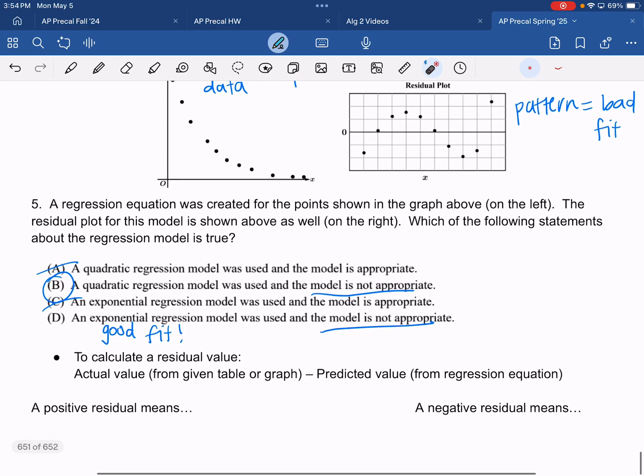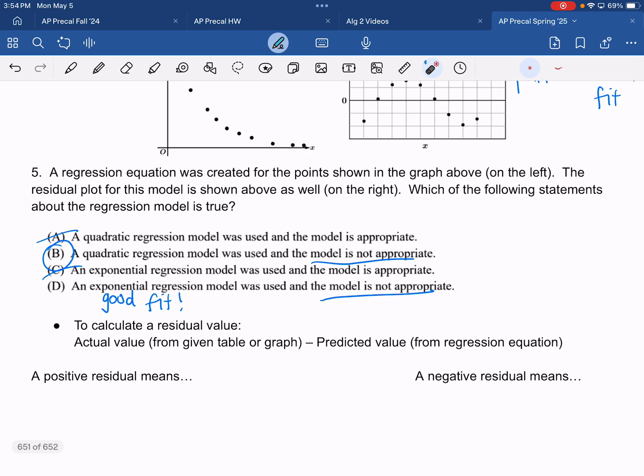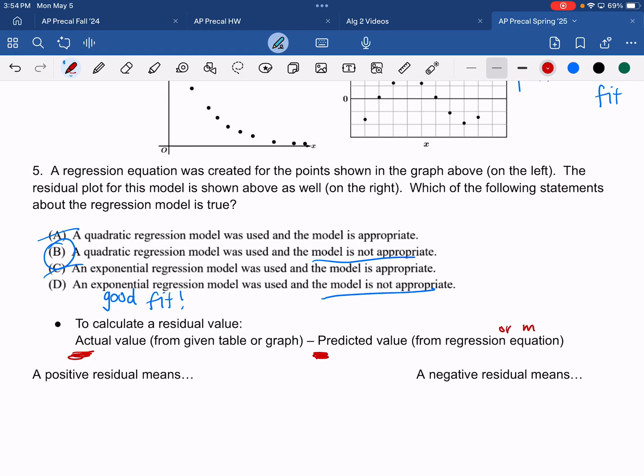Okay, y'all, last summary I tried to put in here: if you have to calculate the residual yourself, the actual value is going to be provided to you from a table or graph. The predicted value comes from the regression equation or the model. I underlined the AP to help you remember actual minus predicted.